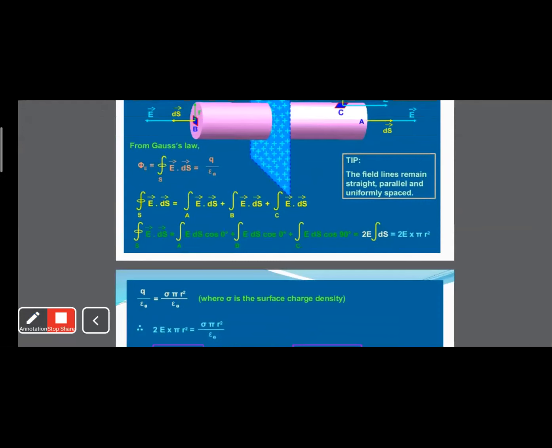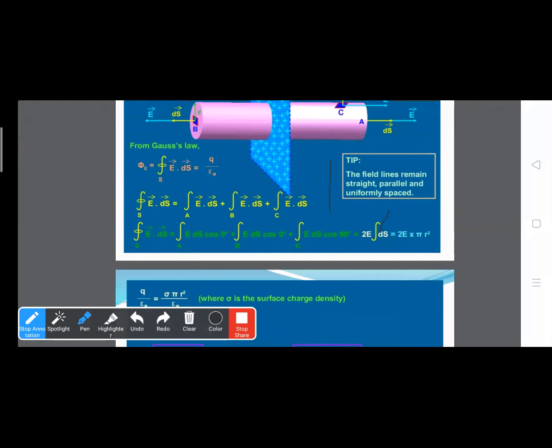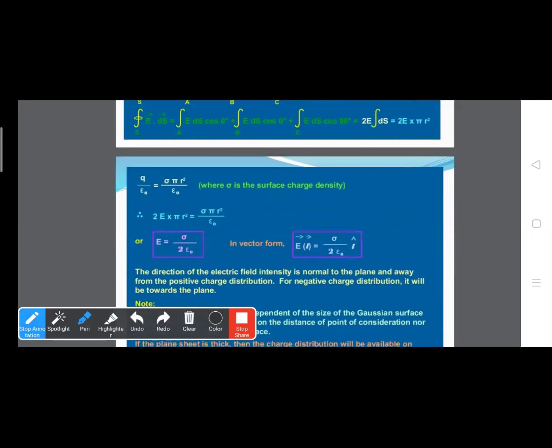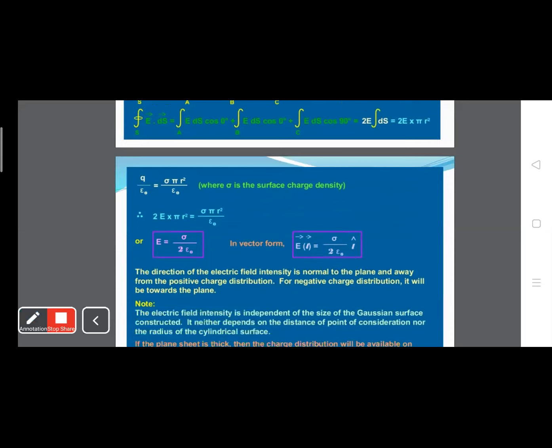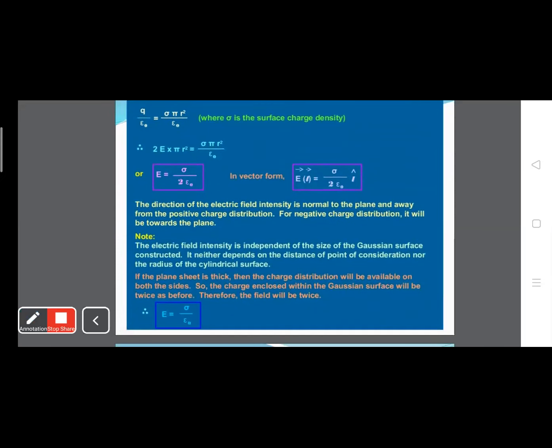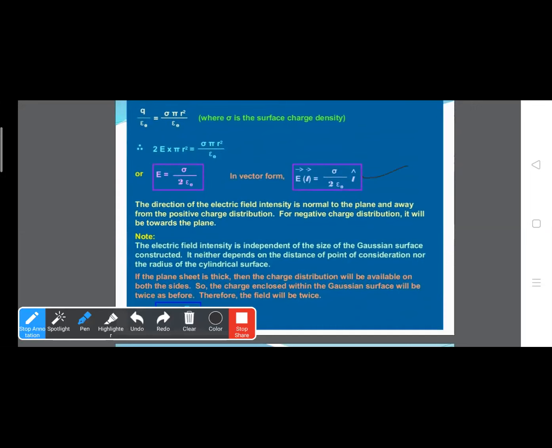So 2E into pi r square equals sigma pi r square upon epsilon naught. On solving, we found that E equals sigma upon 2 epsilon naught, and in vector form we can write this equation like this. So I think this point is clear to you.